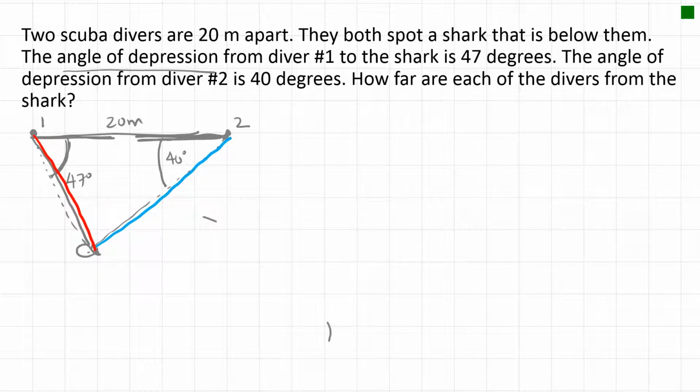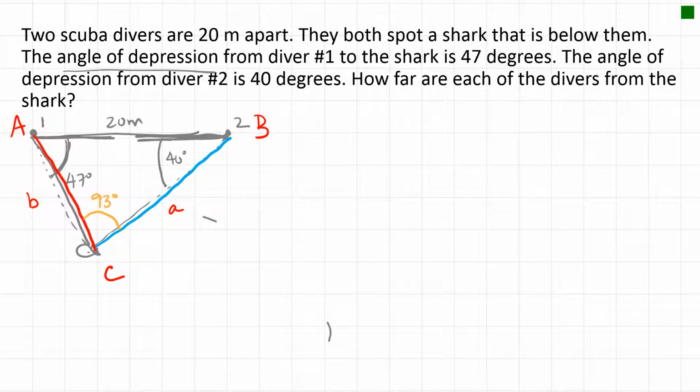So I'm just going to label a triangle A, B, C. So we're looking for little a and little b in this case. Now what's easy to find is this missing angle right here. It adds up to 180 degrees, so that means this is 93 degrees.